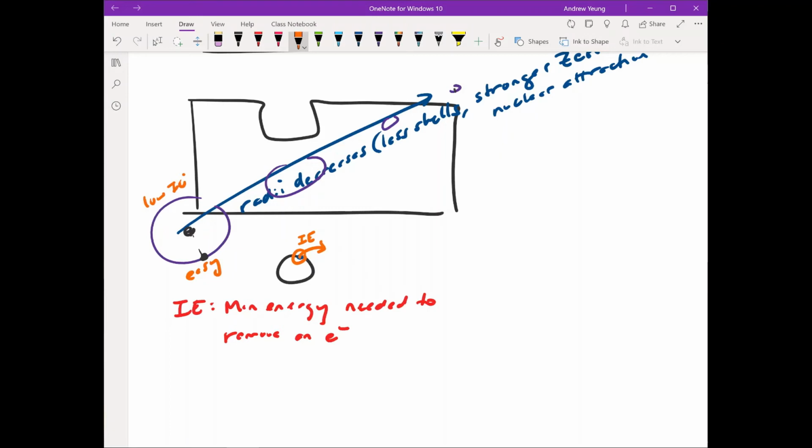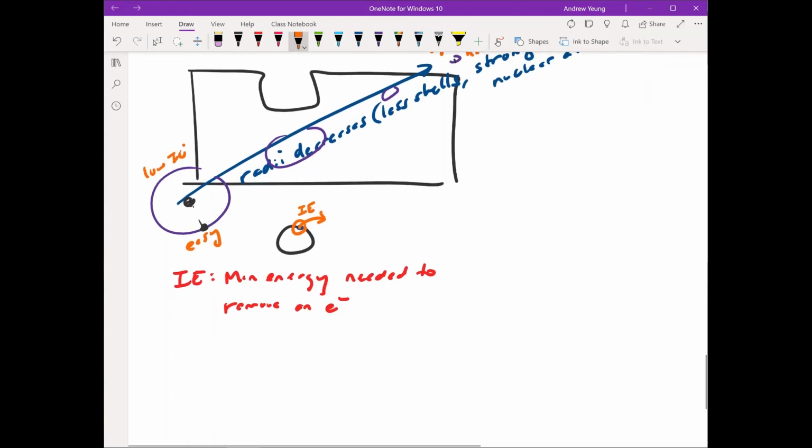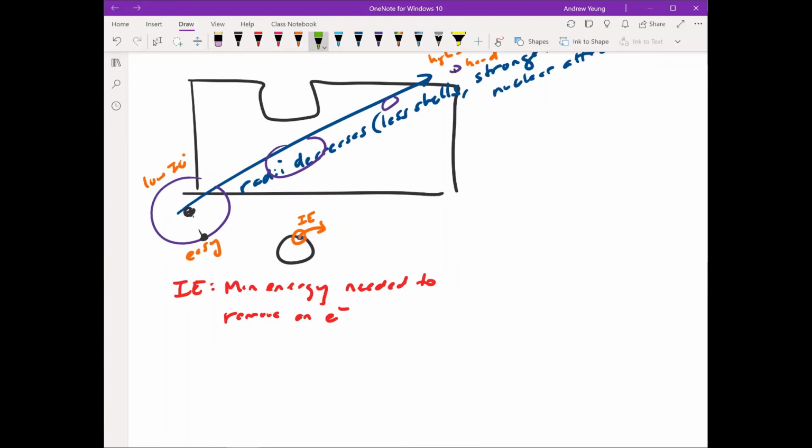While in this case here, as the atom shrinks, we're going to end up getting harder and harder to remove. So in this case here, it's going to be higher ionization energy. So I just plotted that trend for you here. In terms of ionization energy, the ionization energy actually increases. It gets harder as I go up and to the right, because the nucleus here is not having to hold out as far, it's actually pulling in the shell here tighter.